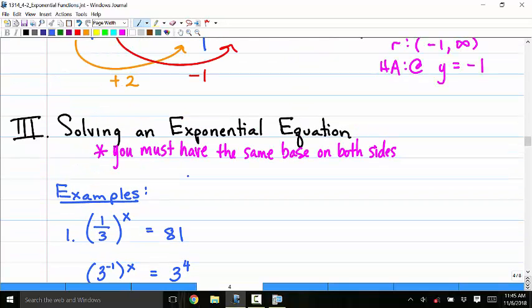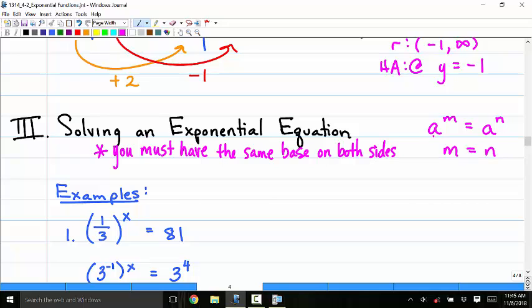Go back up to the pink. You have the same bases on each side. If you have a to the m equals a to the n, what do you know about m and n? They better be the same, right? If a to the m equals a to the n, you better know that m has to equal n.